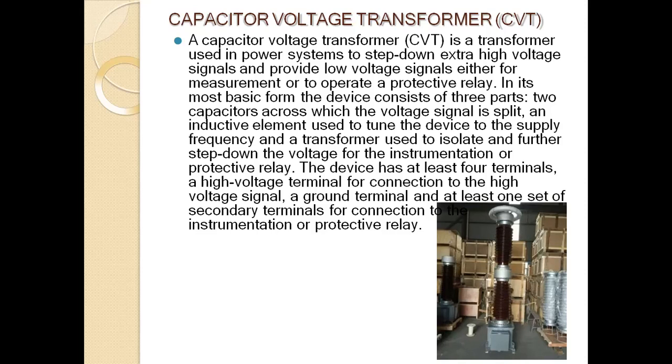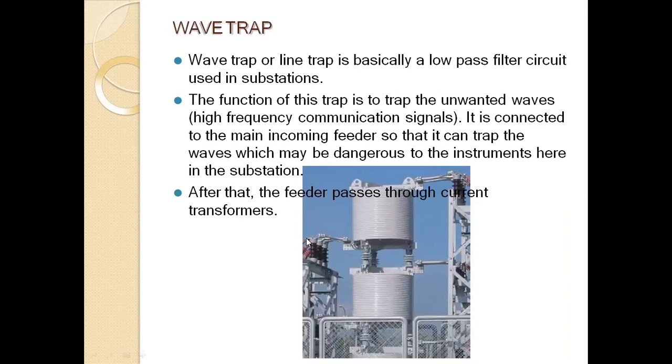The device has at least 4 terminals: high voltage terminals for connection to the high voltage signals, the ground terminals, and at least one set of secondary terminals for connection to the instrumentation or the protective relay. This is the protective relay. Capacitor voltage transformer. This is the wave trap.